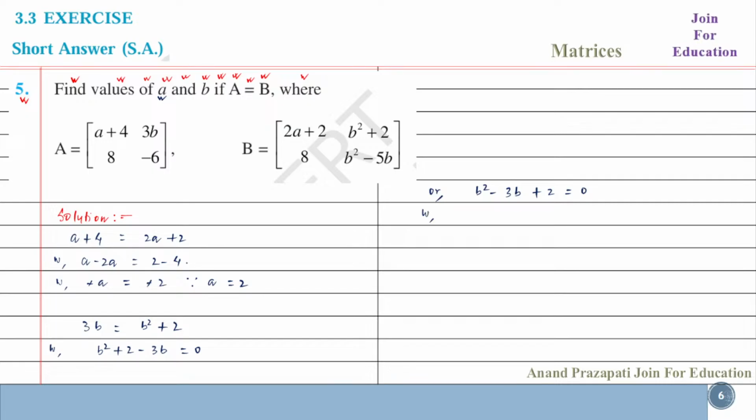Or here will be B square minus 2B minus B plus 2 equal to 0. We take B common, then we get B minus 2. We take minus 1 common, then we get B minus 2 equal to 0.